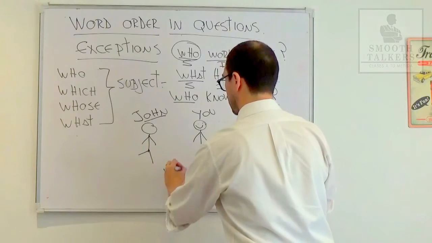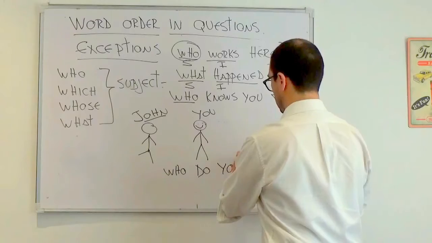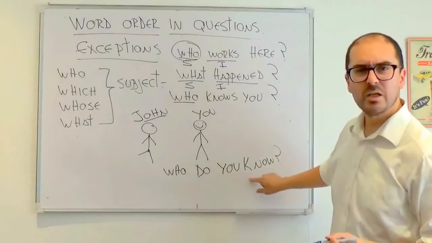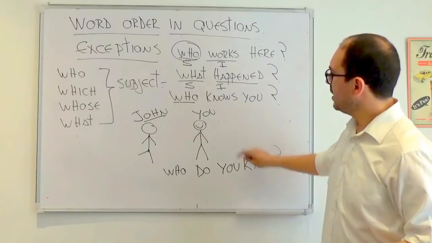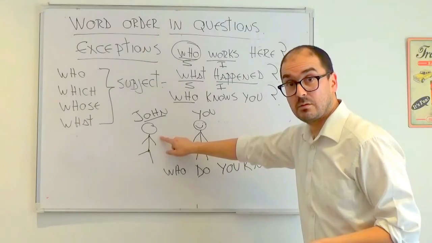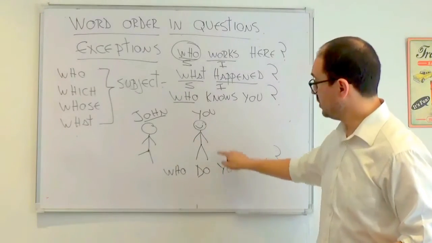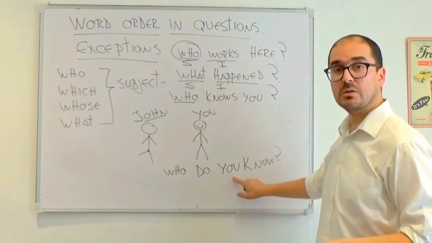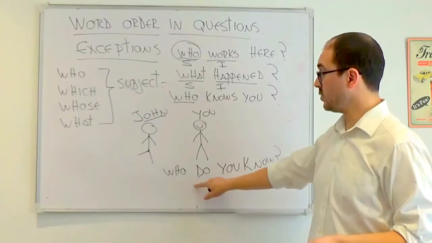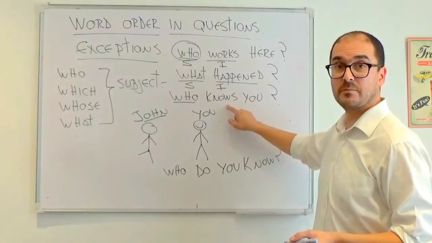Who do you know? You see the difference? In the first question, the subject is John. But in the second question, you are the subject. So who isn't the subject of this question, but who is the subject of the other question.